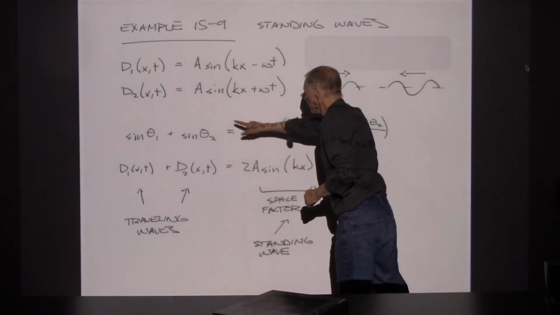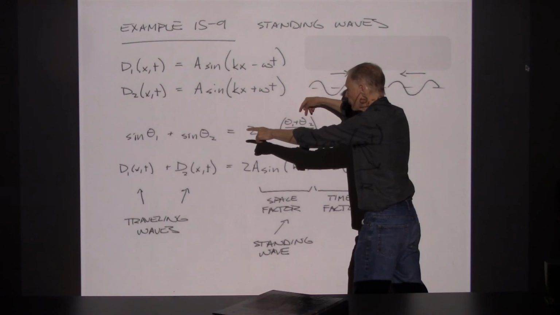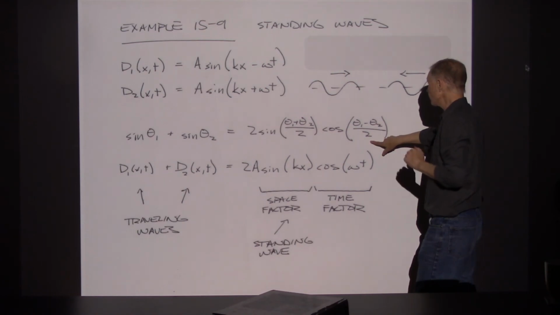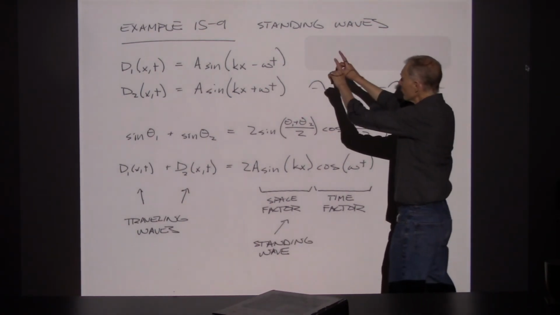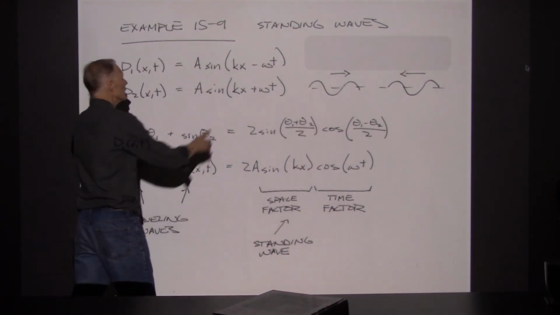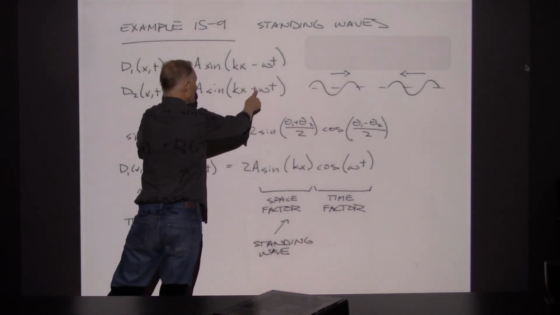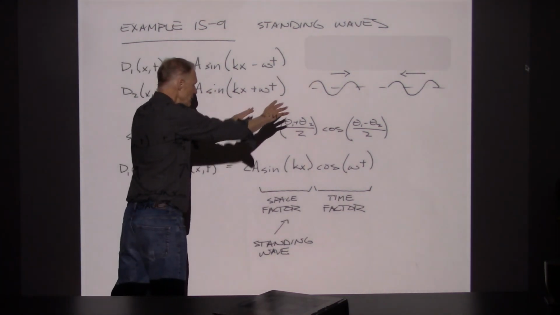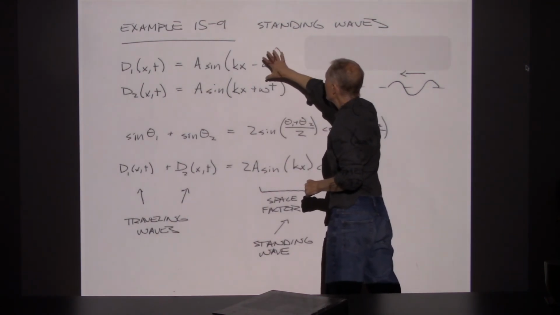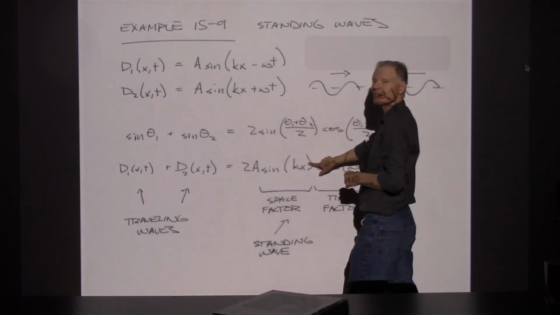Anyway, if I add those two together, I get 2 times the sine of the sum, (theta 1 plus theta 2) over 2, times the cosine of the difference, (theta 1 minus theta 2) over 2. Now, if we say theta 1 is kx minus omega t, and theta 2 is kx plus omega t, and plug into those formulas, when I add those two arguments together, the omega t's cancel out, and I get 2kx divided by 2, which leaves me with kx.